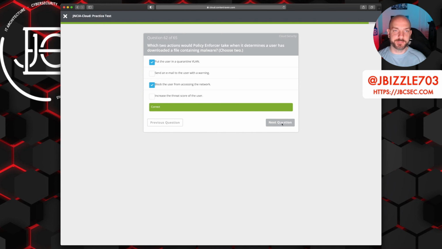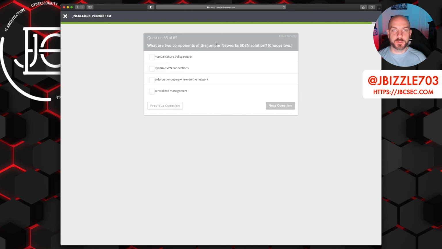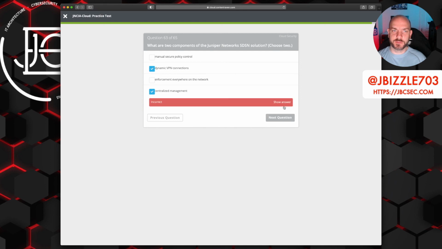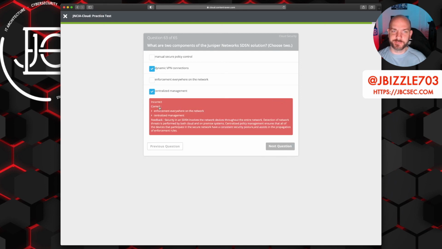Yeah. What are two components of the Juniper Networks software-defined secure network solution? Manual secure policy control, dynamic VPN connections, enforcement everywhere on the network, centralized management. It's going to be enforcement everywhere on the network. Okay. Yep.